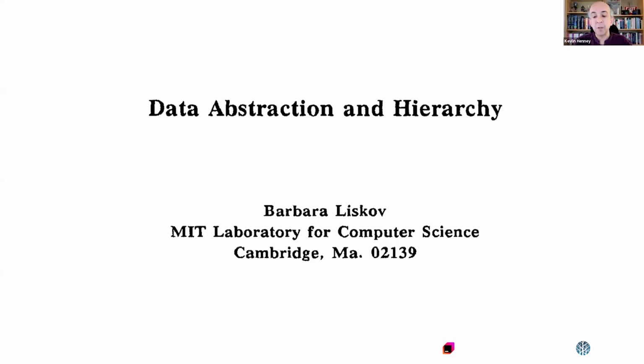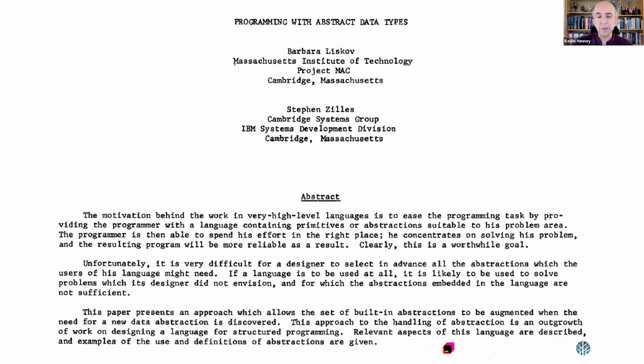I'm here to talk about Barbara Liskov, who won the Turing Award in 2008 for her work on programming language design, programming paradigms, and distributed systems. Importantly, from the paradigms and programming language design point of view, her main contribution was not insignificant. This is a paper from 1974, basically 73 to 75.